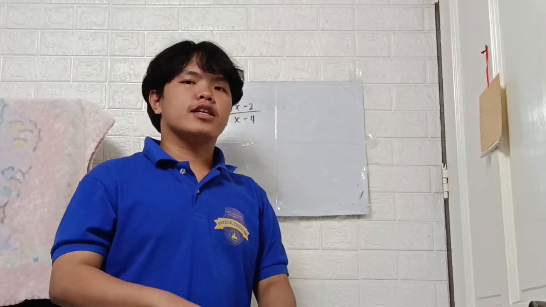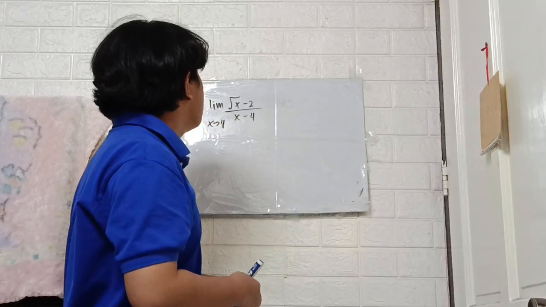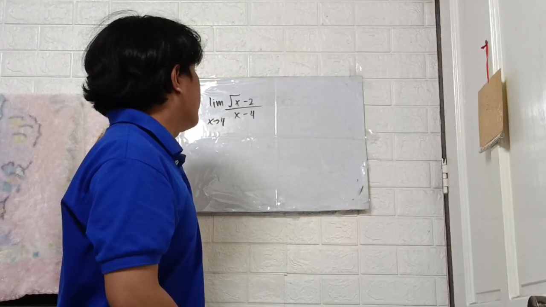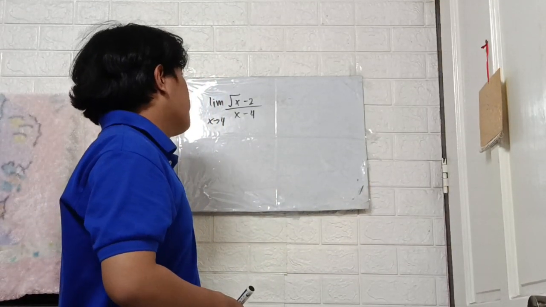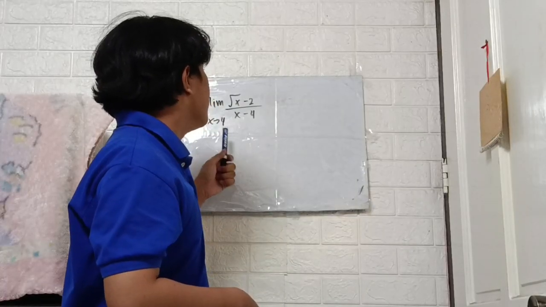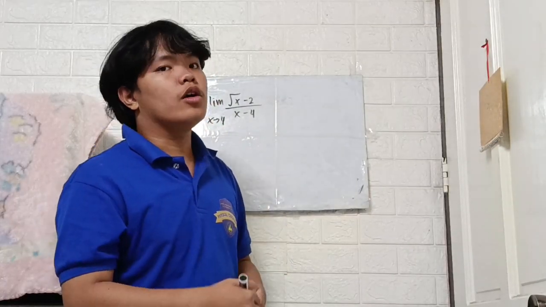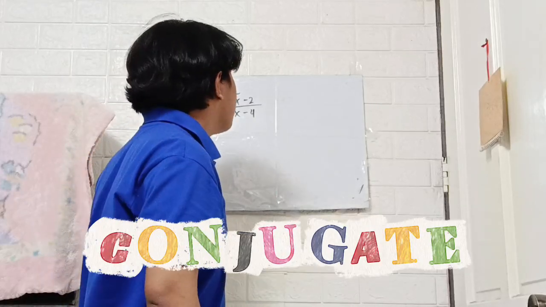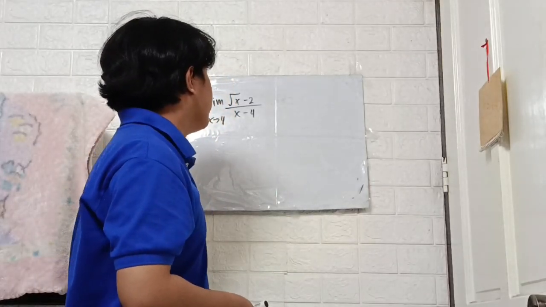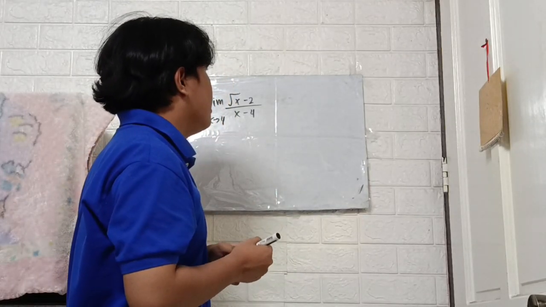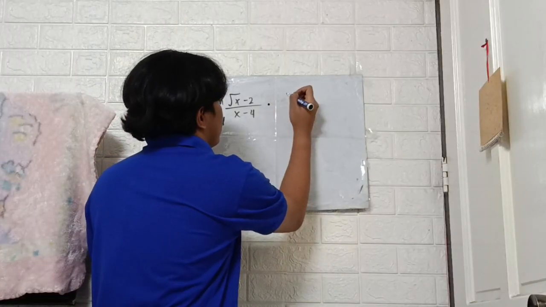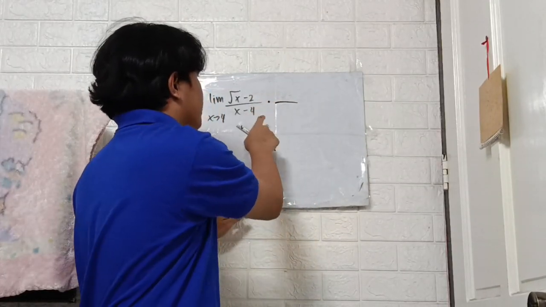Now back to our radical expression, where the limit of square root of x minus 2 all over x minus 4, where x approaches 4. Now instead of directly substituting all of the x with 4, we will use a trick called conjugate, where we get the numerator or the denominator with the radical sign and multiply it with both the numerator and the denominator here.